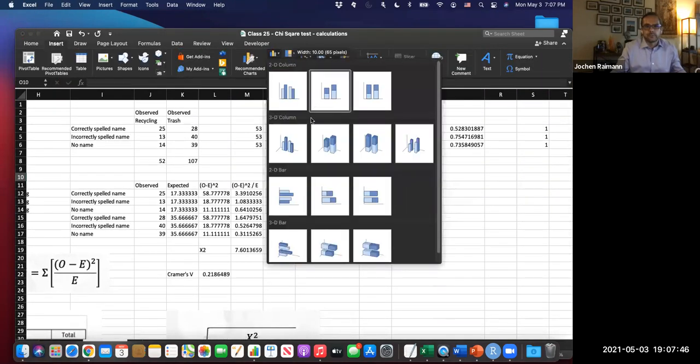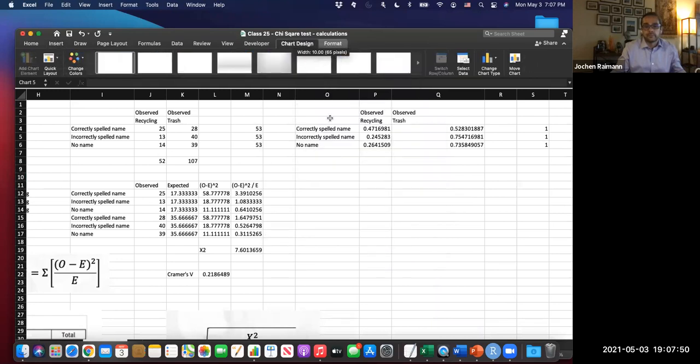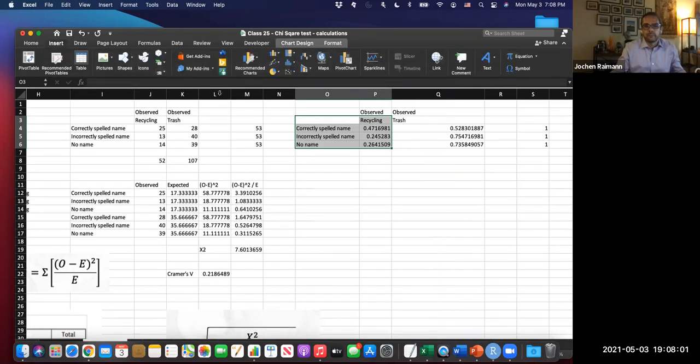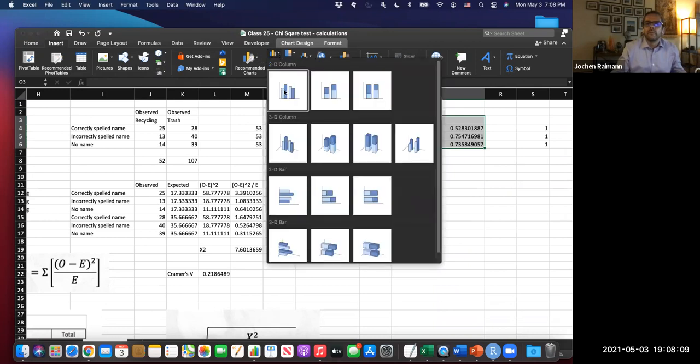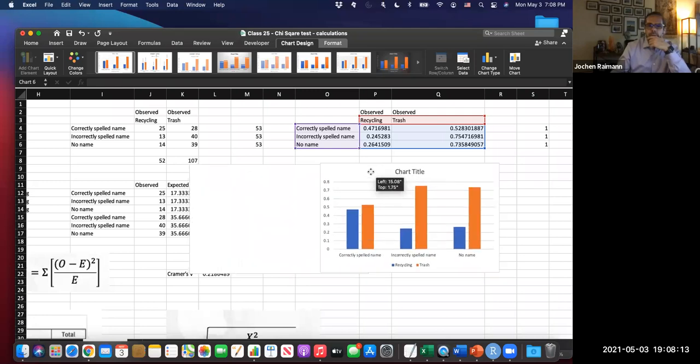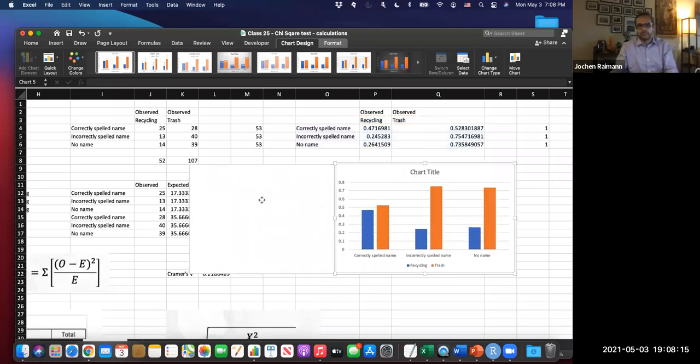Okay, bar graphs. Okay, so that's a bar graph.